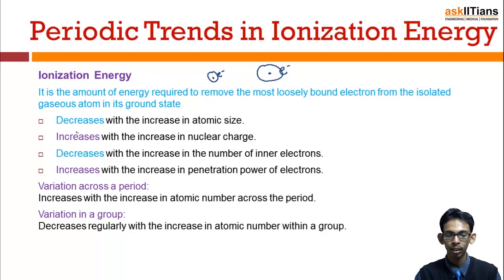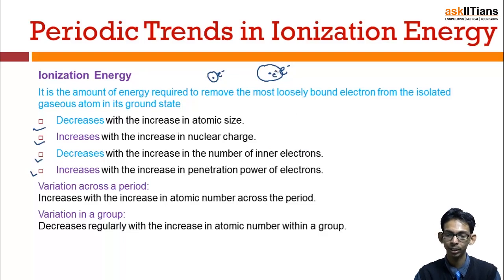Okay, now what are the factors which affect ionization energy? First, it decreases with increase in atomic size, as I just discussed. Next, it increases with increase in nuclear charge. Greater the nuclear charge, more will be the ionization energy. It decreases with increase in the number of inner electrons, because inner electrons repel outer electrons.